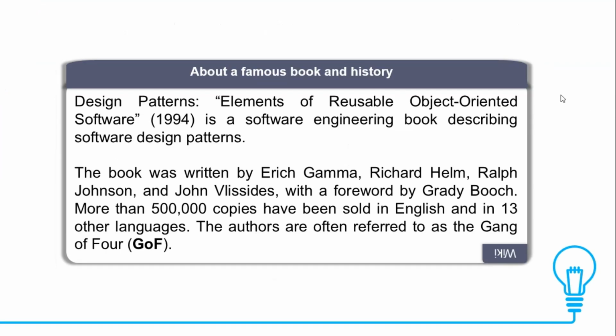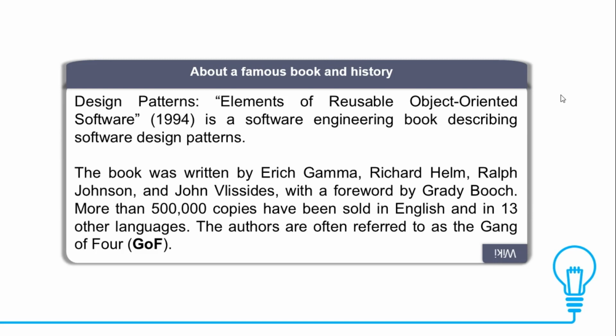Let's see some history about the famous book related to design patterns. The name of the book is Design Patterns: Elements of Reusable Object-Oriented Software. It was published in 1994. It was written by four authors, Erich Gamma, Richard Helm, Ralph Johnson and John Vlissides, under the guidance of Grady Booch.